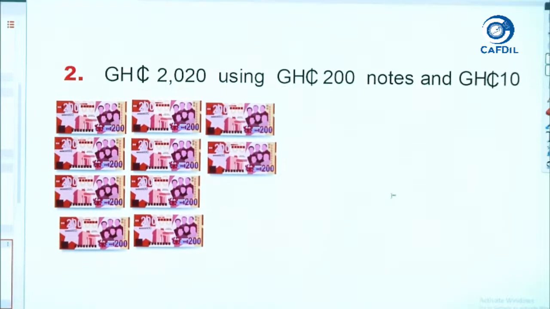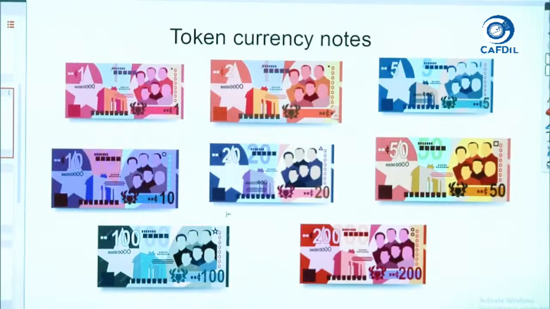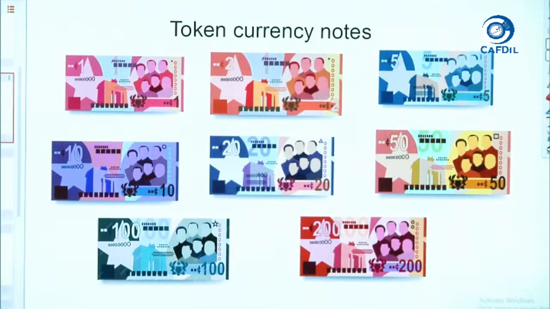We are not done. We have to use the 10 cedis as well. So for the 20 cedis, we are going to use 2 of the 10 cedis notes. Let's add the 10 cedis note to it. So I'm going to pick it.